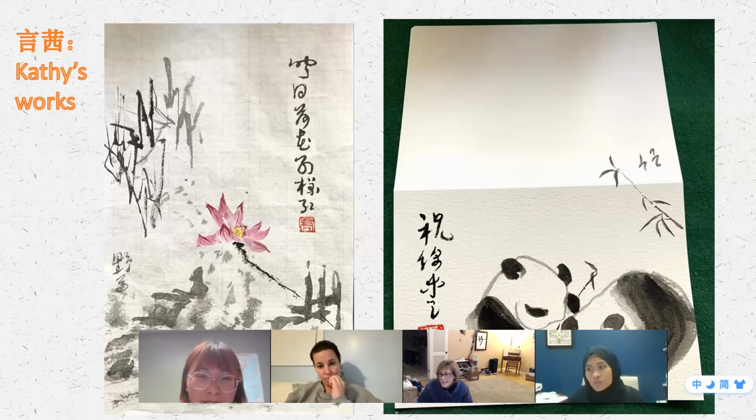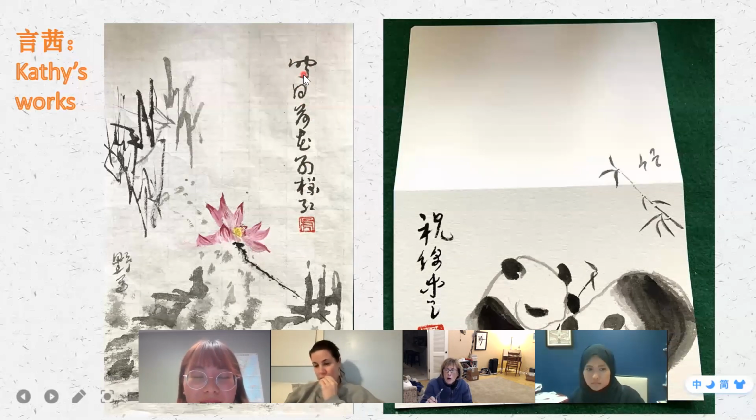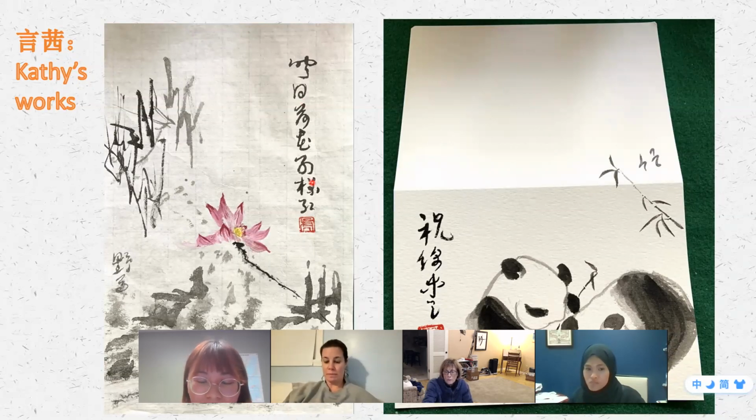Yeah, that's great. And I think this one is running script, right? Yeah, that's cursive. The wild horse is cursive, and the panda is cursive, except for the bamboo, which is walking, on the back of the card.